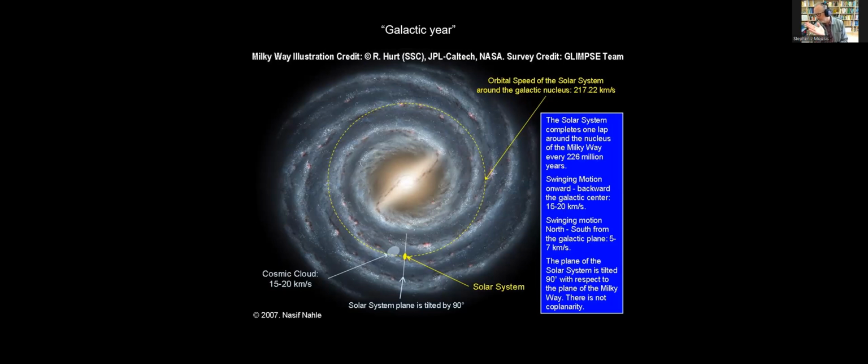And like I said, the solar system is tilted with respect to the Milky Way galactic plane. So the other stars in our solar neighborhood are likewise tilted, but they're tilted in all different directions. So there isn't a coplanarity of spin and direction of stars.